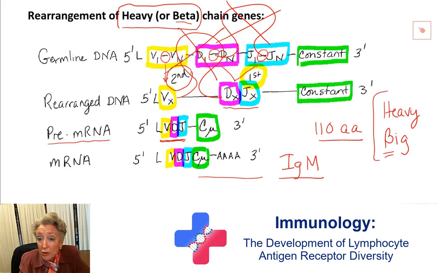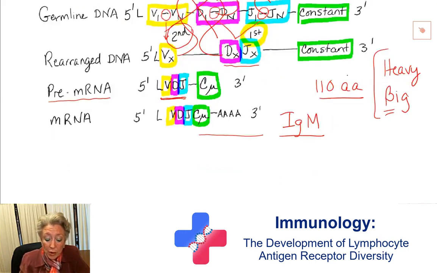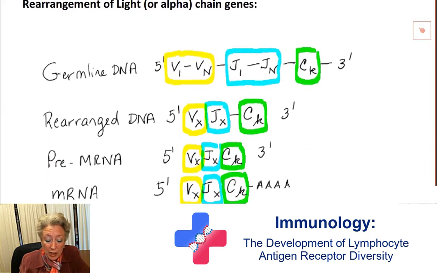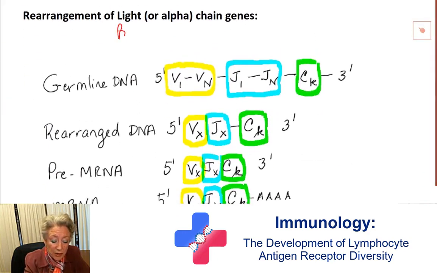So that will remind you which of the two chains are analogous to one another. So by contrast, realize that my light chain on my B cell receptor is going to be analogous to the alpha chain on my T cell receptor.